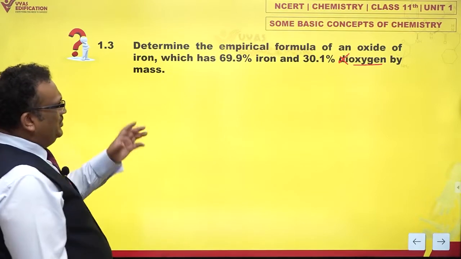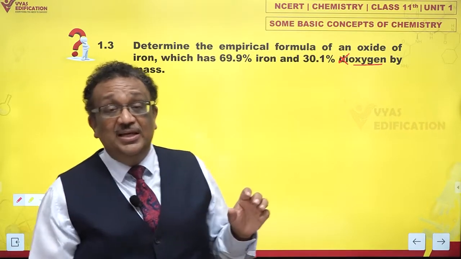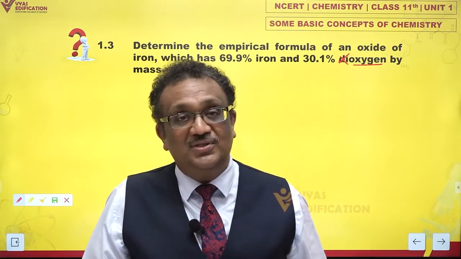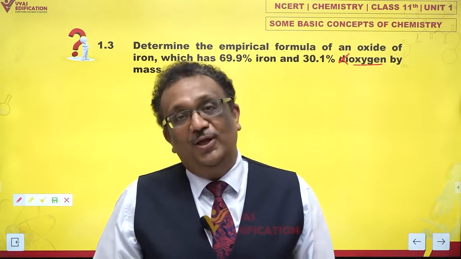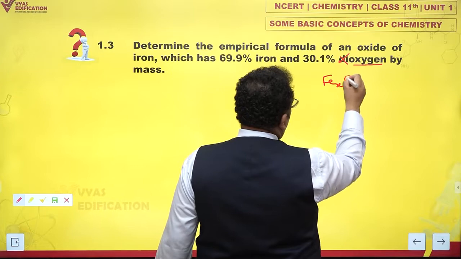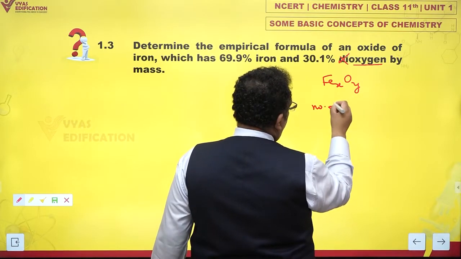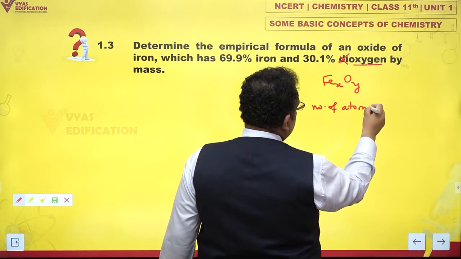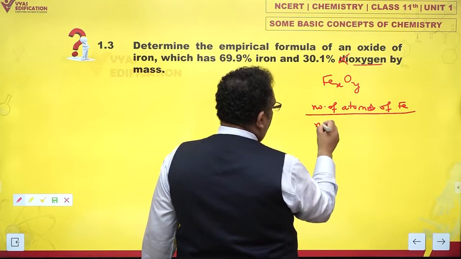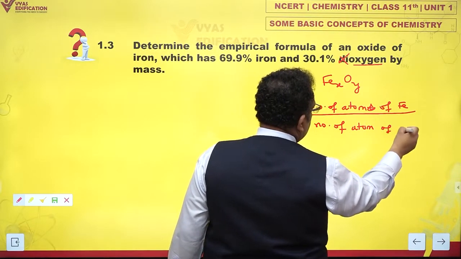Now, what is the meaning of empirical formula? Empirical formula just means that I will take the ratio of the number of atoms present within a formula unit. Say for example, if it is FexOy, that means the number of atoms of Fe, iron, divided by the number of atoms of oxygen.